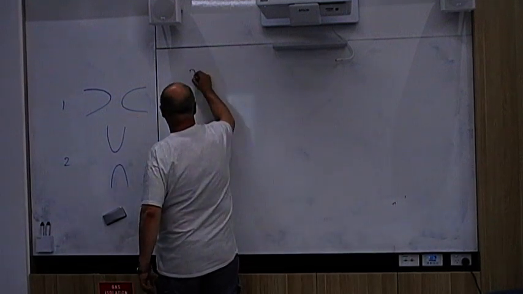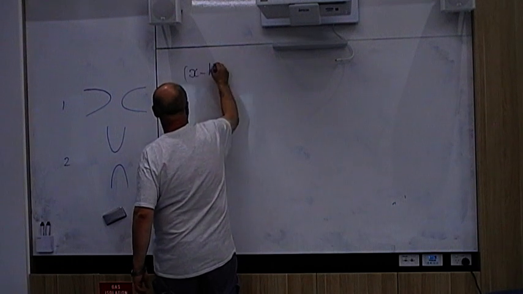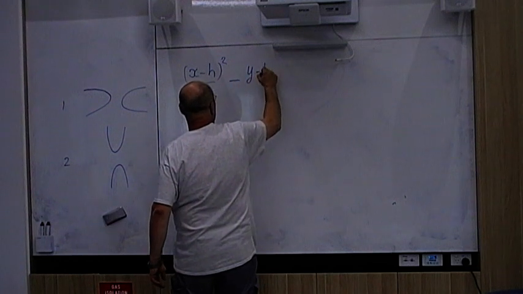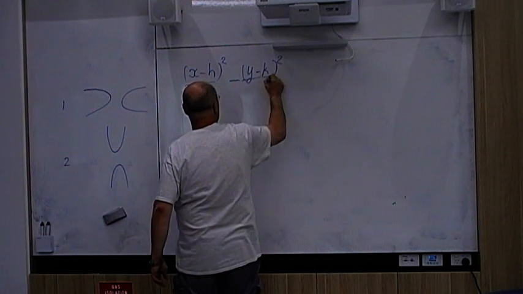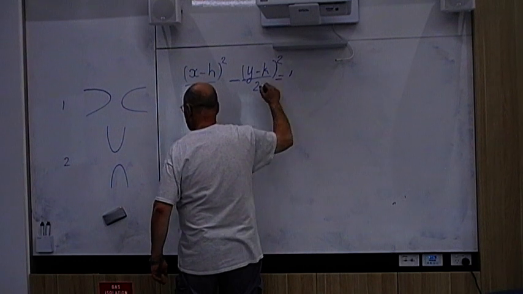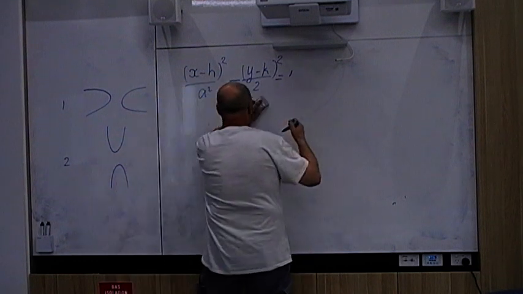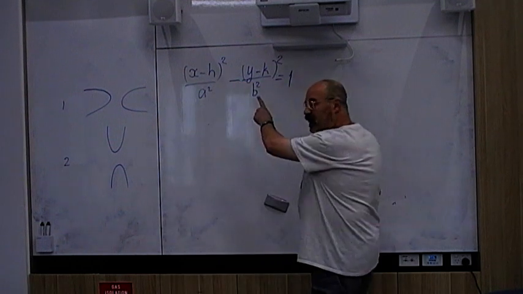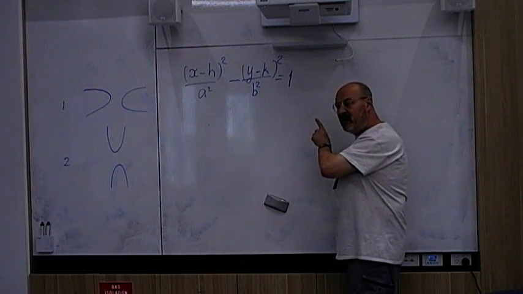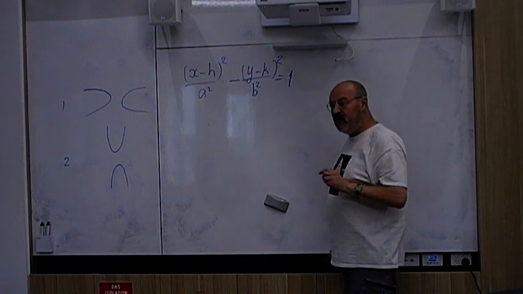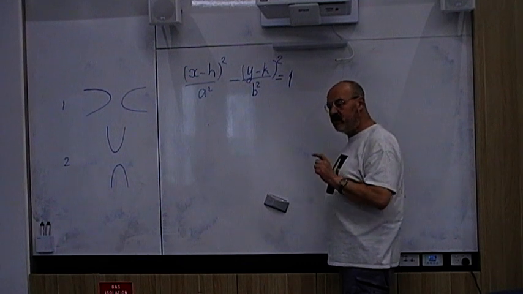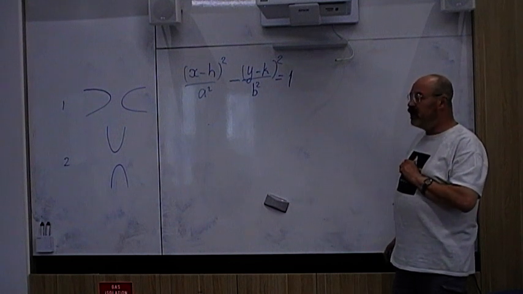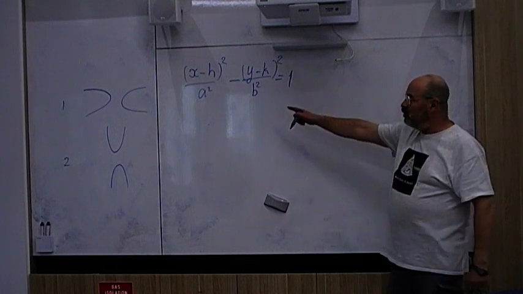This will be (x minus h) squared over a squared minus (y minus k) squared over b squared equals 1. Same as ellipses, but with a minus. Here the difference in the distances will be the same, whereas for the ellipse the sum of the distances was the same. This is for horizontal.